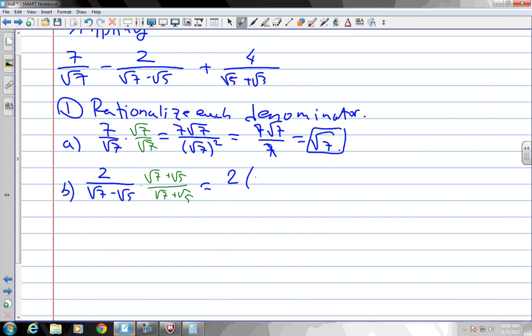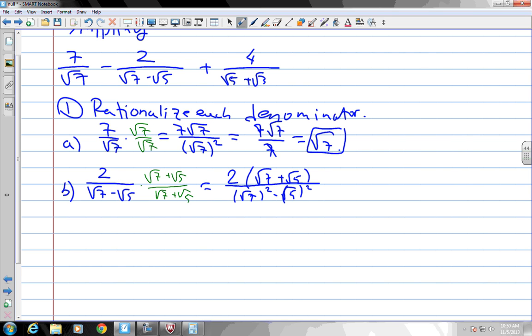So that's 2 times square root of 7 plus square root of 5 over, using the difference of squares formula, square root of 7 squared minus square root of 5 squared. Right? Which is 7 minus 5.